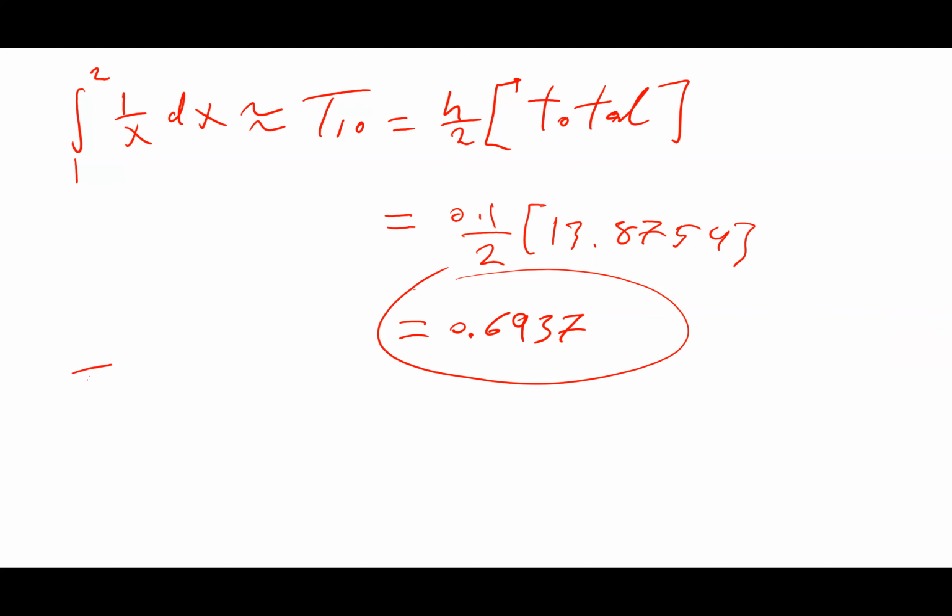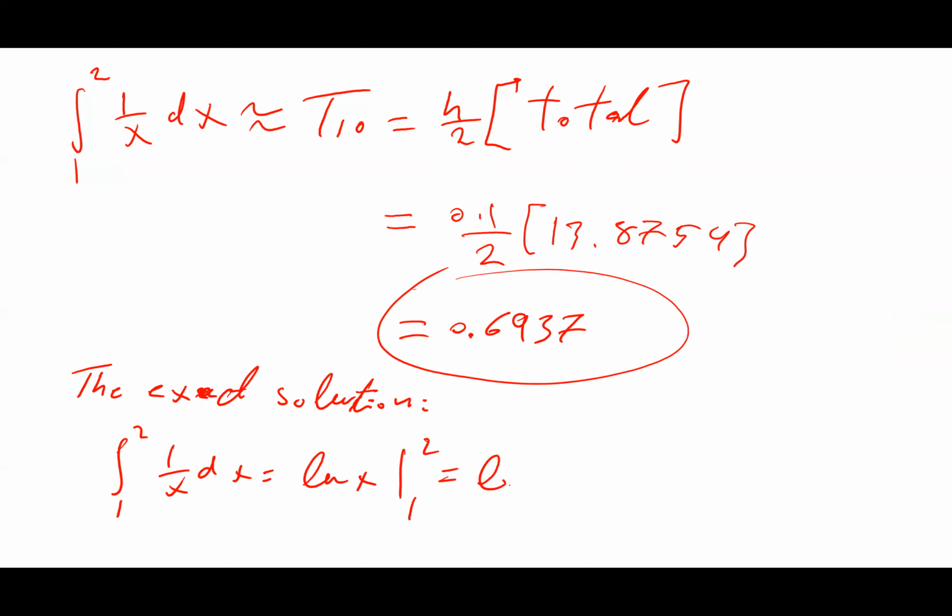The exact solution: the integral from 1 to 2 of 1 over x dx is equal to ln x from 1 to 2, that will be ln 2, which is equal to 0.693147, and you can see the two values are close to each other. The first 3 digits are matching. The only difference is in the fourth one.